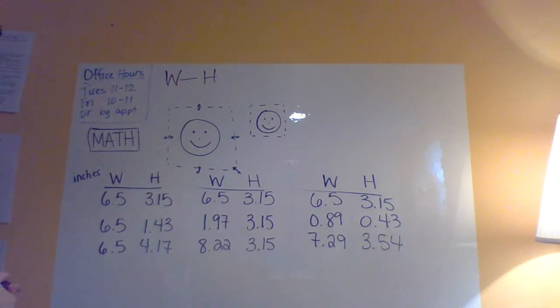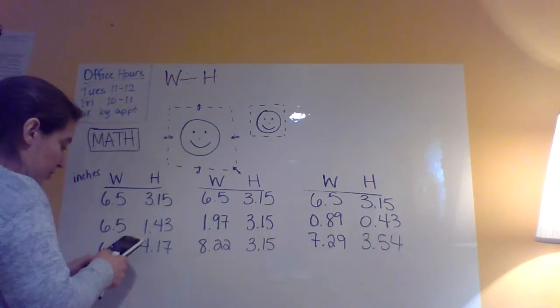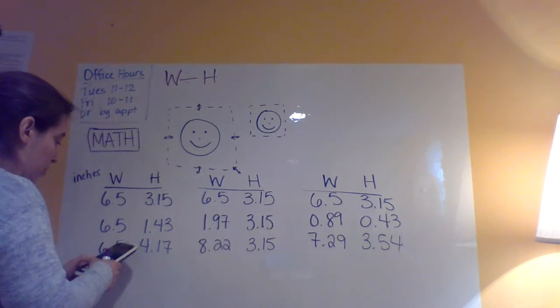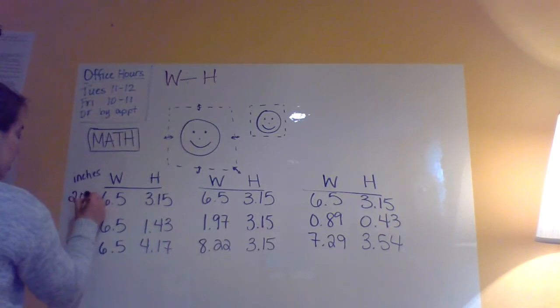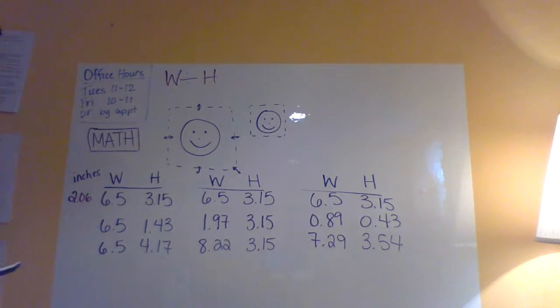If you think about when we've done some problems like how many times bigger is such and such than this, like this population density than this, if it's how many times bigger, we divide. So we're just comparing these two now, seeing how they relate to each other. So if I take 6.5 divided by 3.15, I get 2.06. Okay, I just rounded it. So this really means that this is a little more than 2 times as big as that.